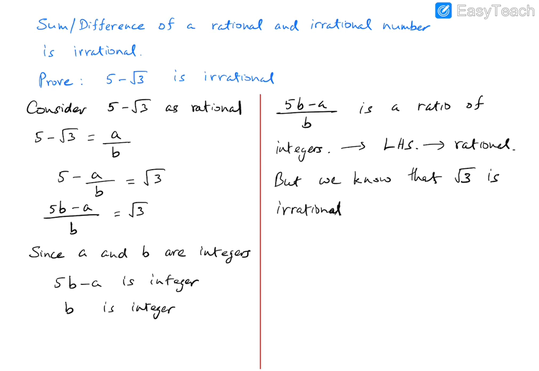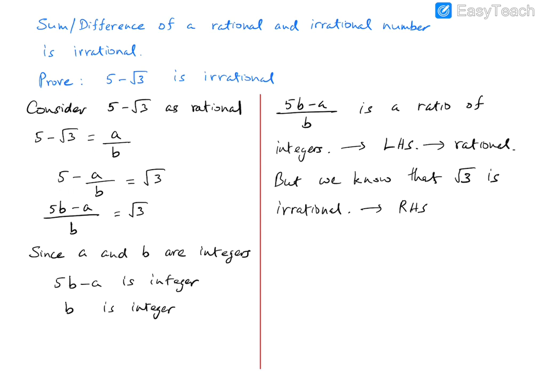All right, excuse me for my handwriting. Let me rewrite that a bit more clearly. Square root of 3 is irrational. So that means the right hand side of our expression is irrational.